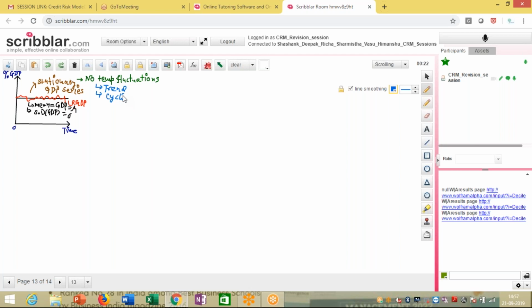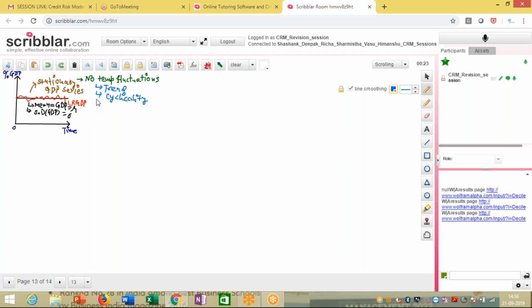Now this will be there in the data if you are considering data over a very long horizon. I said that if it's annual data points, then it has to be more than 50 years, right? There you get to see elements of cyclicality in the GDP figures, because there would be downturns coming in and then you have your upturns and so on. So this figure would be there.